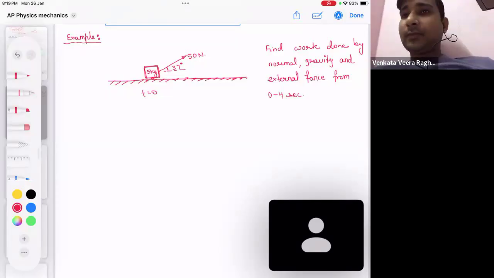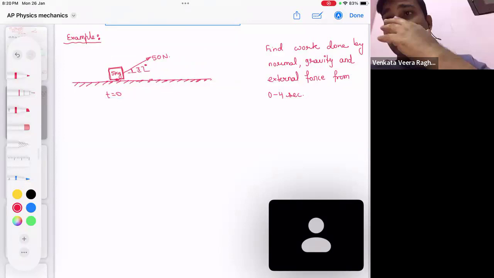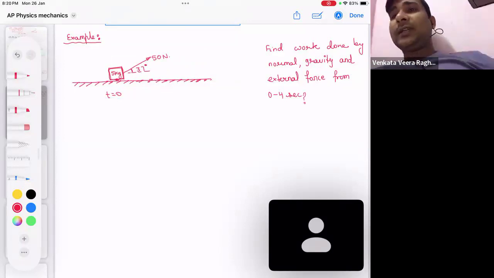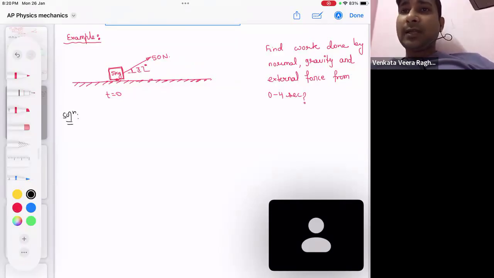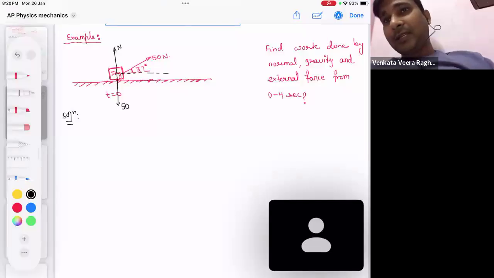Do you understand the question? The question asks: find the work done by these forces from t equal to 0 to t equal to 4 seconds. Now tell me, can you answer directly that work done by normal is going to be 0? Why? If you draw the free body diagram, normal will act like this, mg will act like this, and the displacement of the particle will happen something like this.